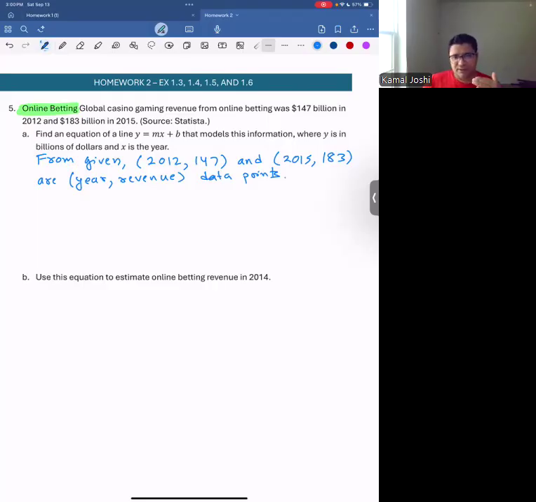Now write an equation that models this information where y is in billion dollars. So the y value is the revenue and x is the year. Now they did not say to use the year starting with 2012 as your original year or zero.